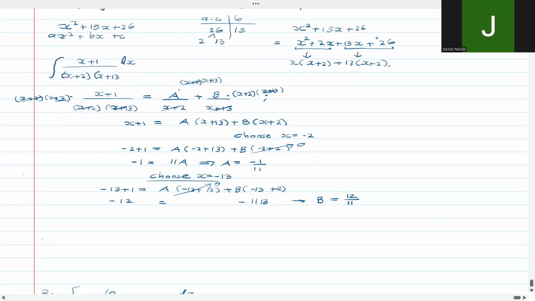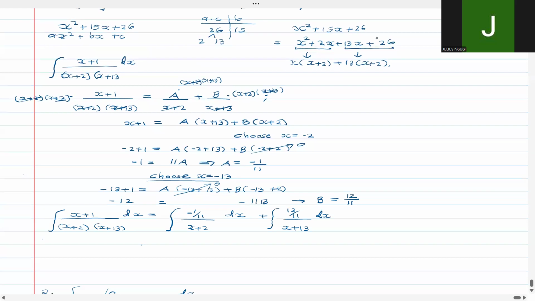So if we integrate x plus 1 divided by x plus 2 times x plus 13 with respect to x, in terms of simple fractions, it is the same as the integral of A, minus 1 over 11, divided by x plus 2, split it, dx, plus the integral of B, 12 over 11, divided by the other factor x plus 13 with respect to x.